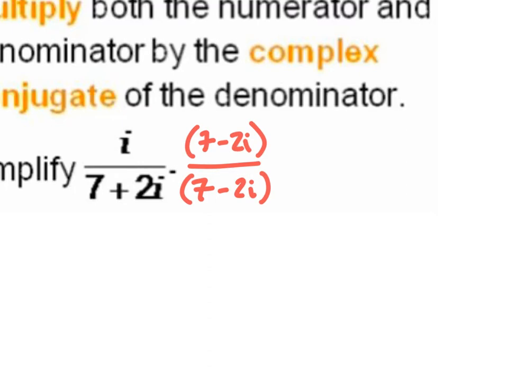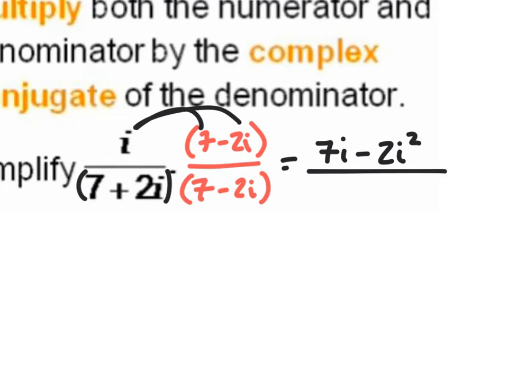because this is going to allow us to multiply this out. So I'm going to put parentheses around here and here. If I were to simplify this, I would distribute this i times 7 and then the i times 2i. So I would get 7i in my numerator minus 2i squared. Now we'll simplify that here in a second because i squared is equal to negative 1.